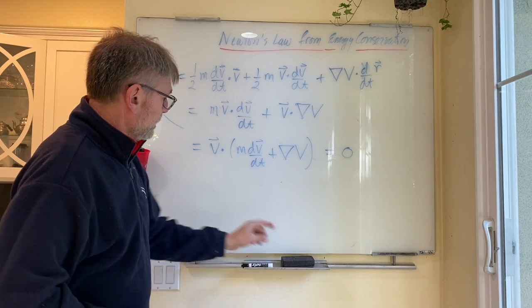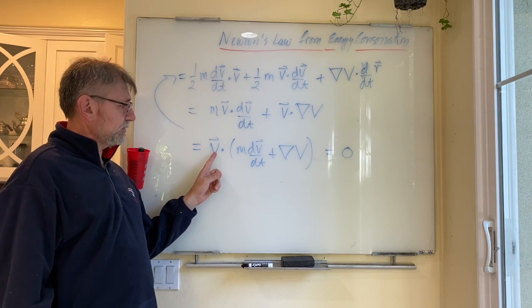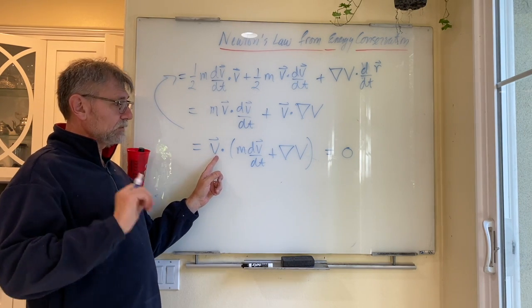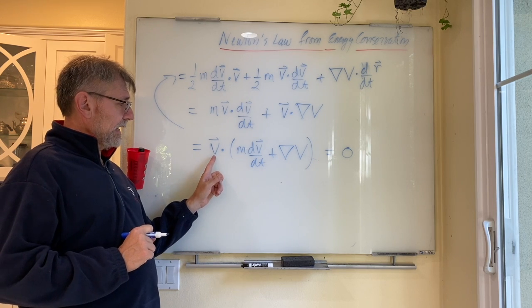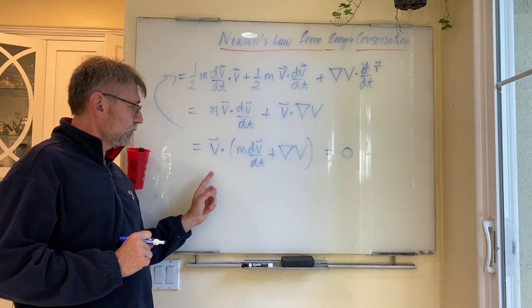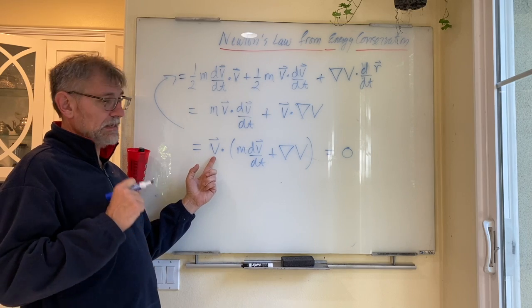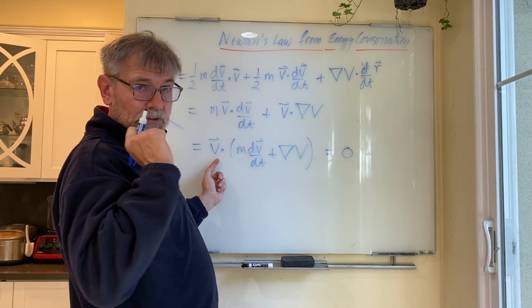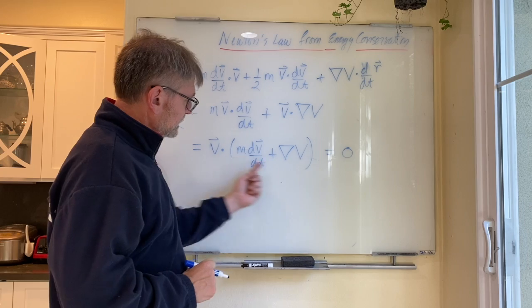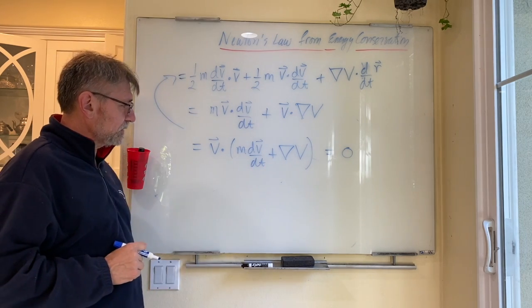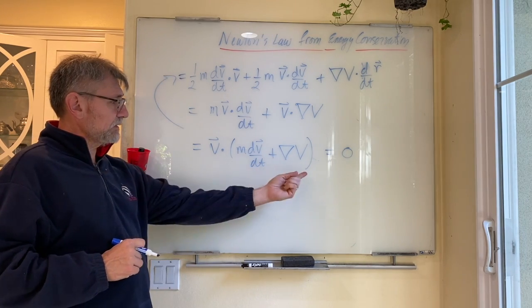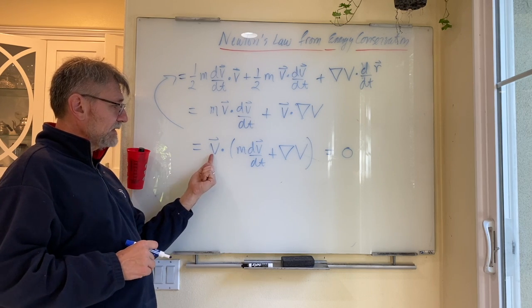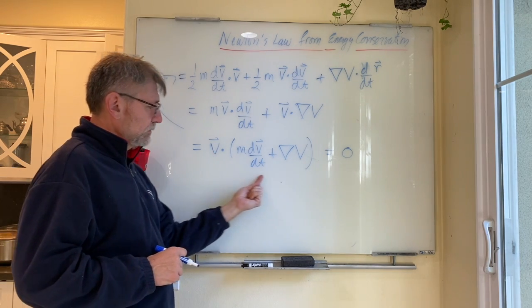And now v here, right, that's the velocity of the particle. I could give it any old initial condition, and this equation still has to be true. So v is arbitrary, right, because I could start off the particle at any velocity I want, yet it has to satisfy this equation by energy conservation. So the only way that this can be 0, always for any v, is if this term is 0, right?